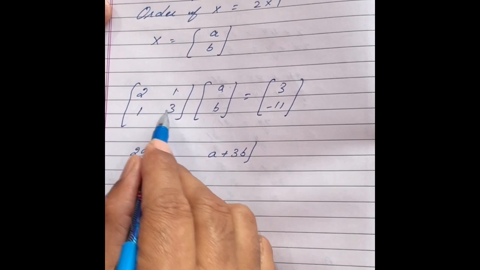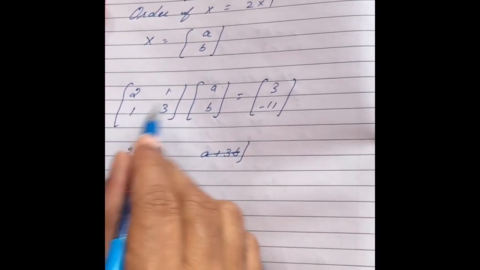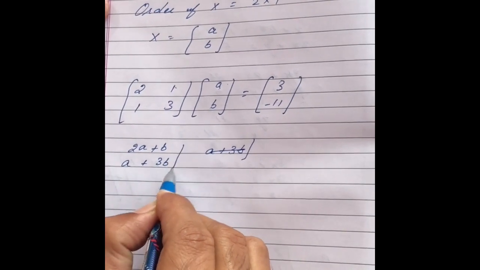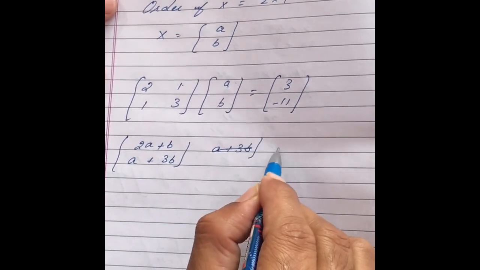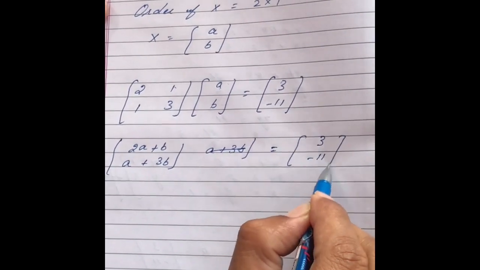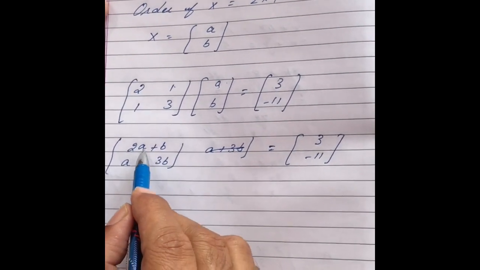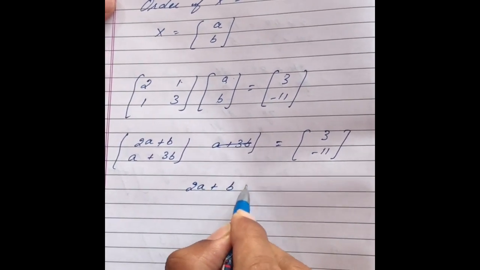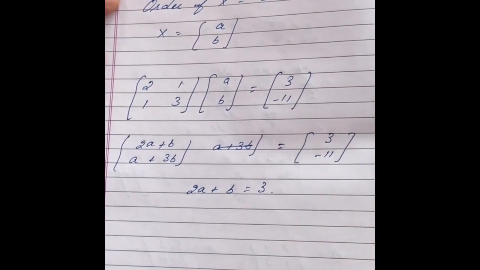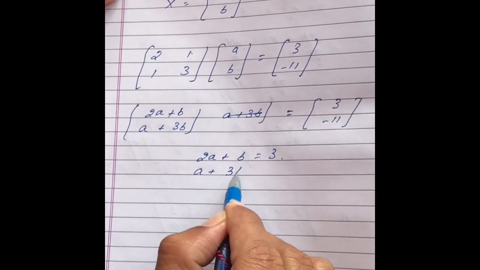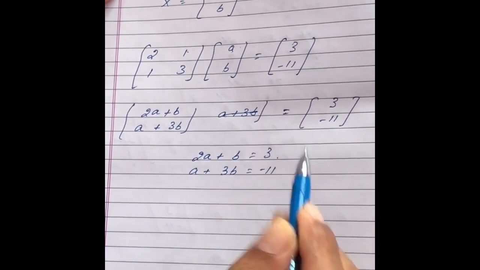No, sorry, it is second row, a plus 3b, equal to 3 and minus 11. So 2a plus b is 3. a plus 3b is equal to minus 11.